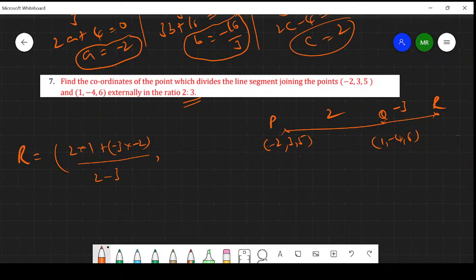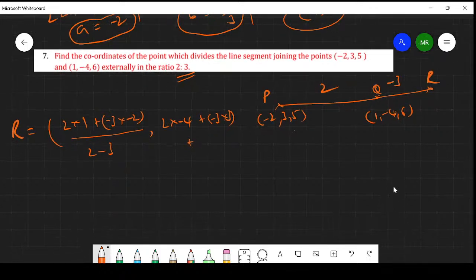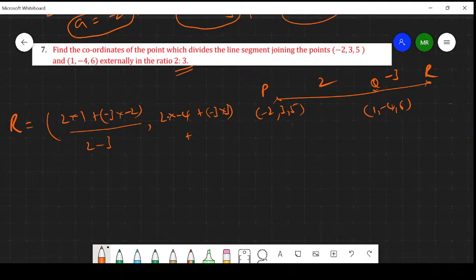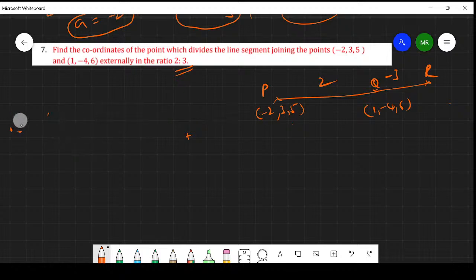It comes the same thing when you use mx2 minus nx1 by m minus n. 2 into minus 4 plus minus 3 into 3. Due to the space I will write again.